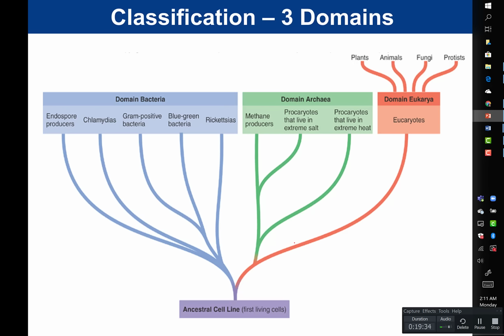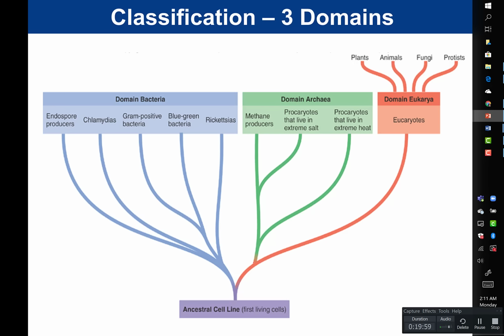So even though they are both prokaryotic and even though they are both unicellular, Archaea still have more in common with domain Eukarya than they do domain bacteria. And so that's why they're shown this way, where they diverged more recently relative to when bacteria split from both domain Eukarya and Archaea.